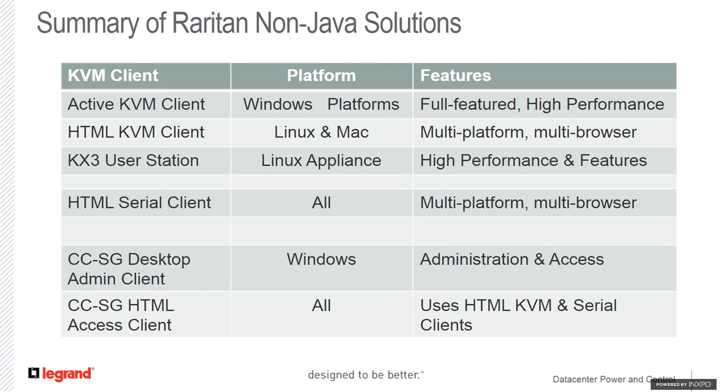We have the HTML Serial client for a serial console server. We have the new desktop admin client, which runs on Windows and doesn't use a browser, and then our standard HTML access client that can use the HTML KVM and Serial client. So we have a variety of different solutions for different environments.